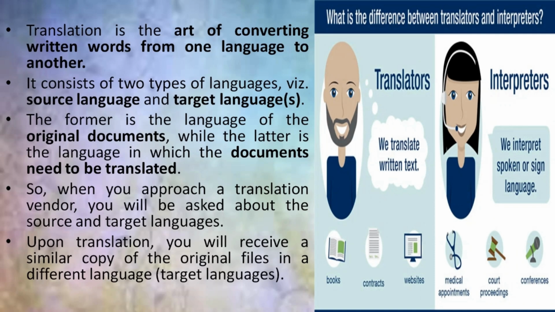So, the source language is the language of the original document, while the target language is the language in which the document needs to get translated. When we approach a translation vendor, we'll generally be asked which is the source language and the target language. When you translate, you will receive a copy of the original file, but it will be in the different language, that is in the target language.